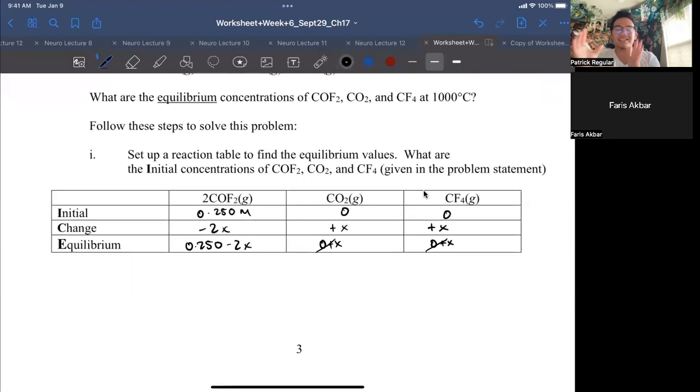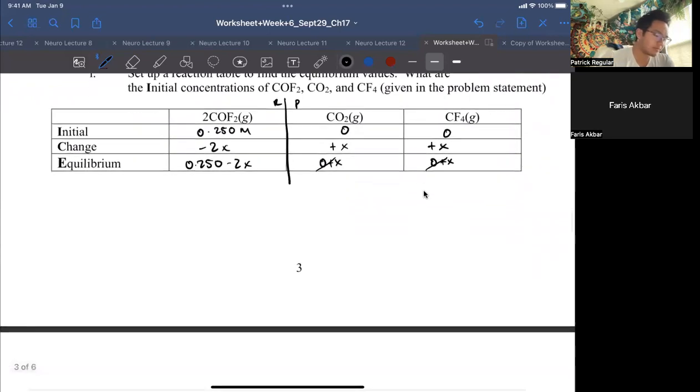Because if you have no product at all and you throw some reactants in, the only direction to go is to make product. So you're going to add molar ratio to your product side. If you're only given product and somehow you throw a product in, it's going to favor the reverse reaction, because if there's no reactant, there's only one direction to go, to the reactants. For this situation, really easy, no product. So we just go that way.